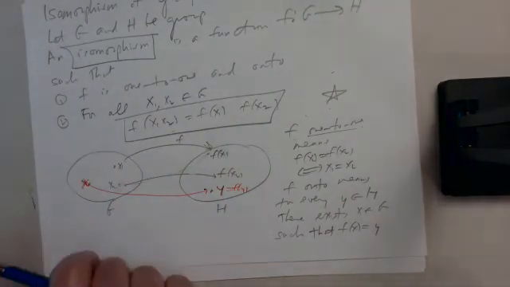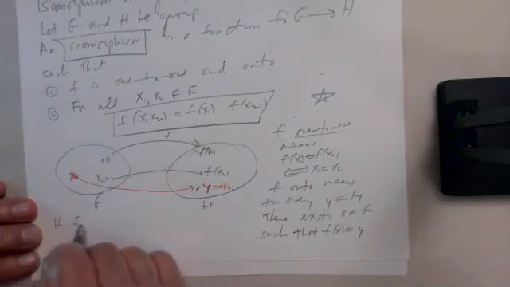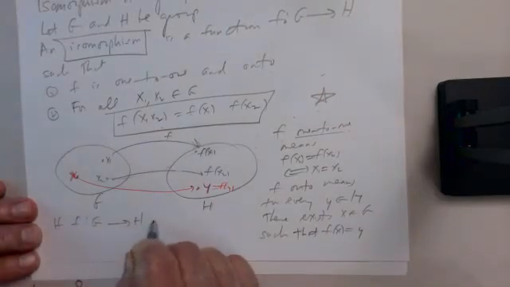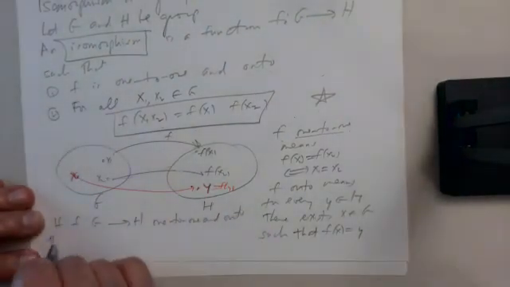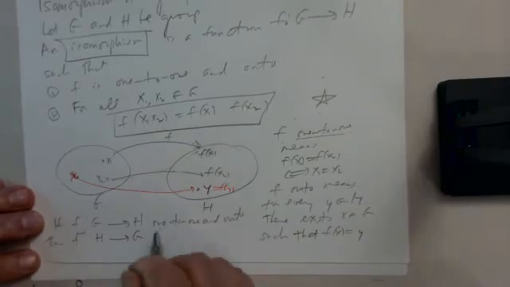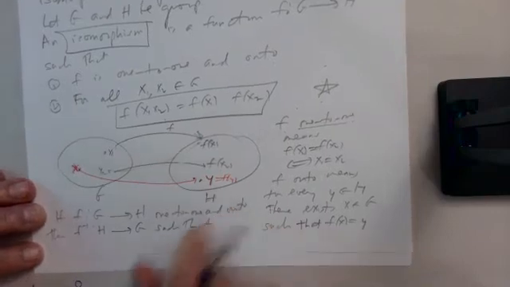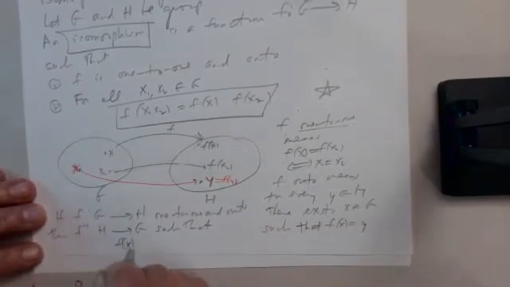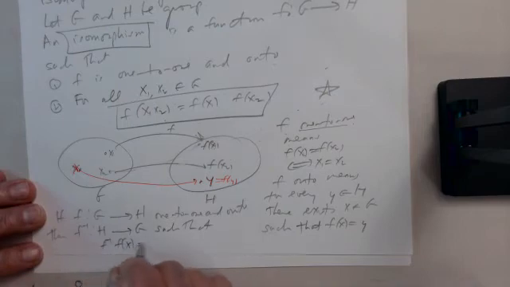And there's a fact in set theory, or actually calculus, that if f from G to H is one-to-one and onto, then you have a function, I'll call it f to the minus 1, from H to G, which is the inverse function, such that if you take an x, f sends it to H, f inverse sends it back to G, and f inverse of f of x is equal to x.